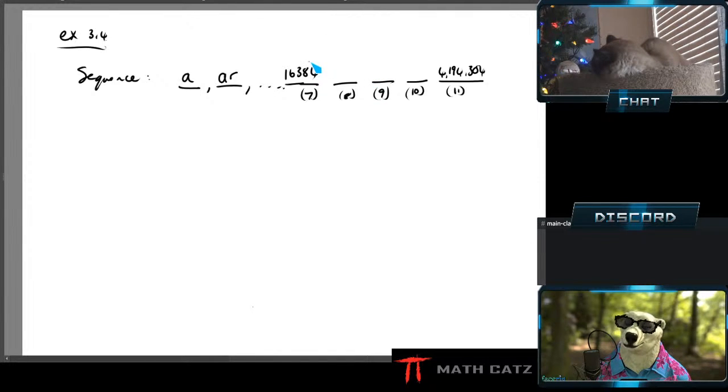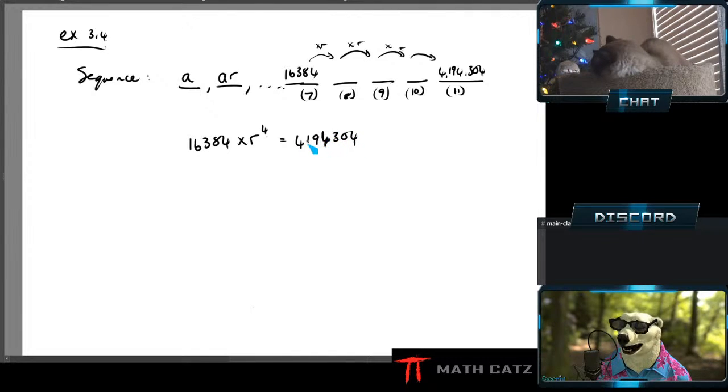So I'm going to multiply by R, then multiply again, then multiply again, then multiply again. That's 4 times. So if I take 16,384 and I multiply R 4 times, so R to the power of 4, right? Then I'll get 194,304.